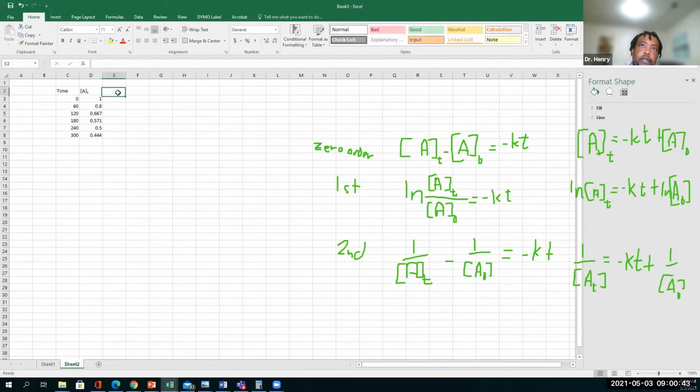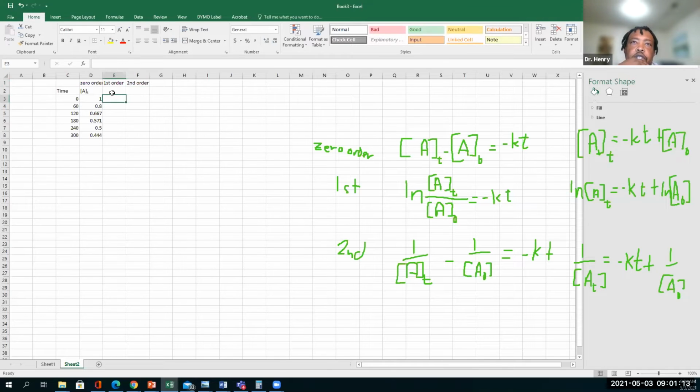Okay. So now I need to do the one, because this here is going to represent a zero order reaction. This guy is going to represent a first order. This guy is going to represent a second order.